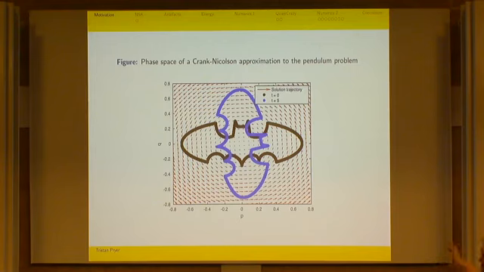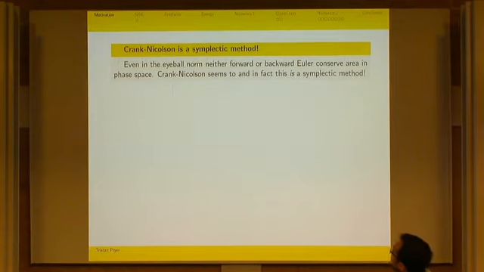This conserves the area, in the eyeball norm anyway. But moreover, you can prove this. Neither forward nor backward Euler are symplectic. They don't conserve the area in phase space, but Crank-Nicolson does. It is a symplectic scheme, and you can prove this. This was done a fair amount of time ago by Sanz-Serna, maybe in the 80s, I think.